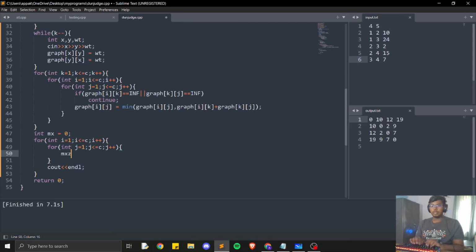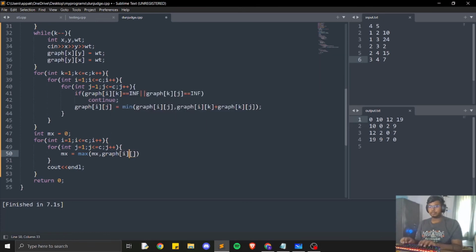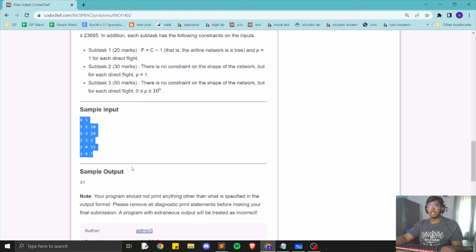So now mx is equal to the maximum of mx comma graph of i j. And now we have the answer, which would be 19, the maximum. Now let us print mx endl, and build this program. As we can see, the output is 19, which matches our sample output.